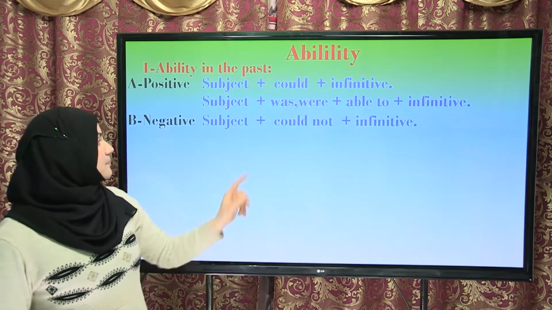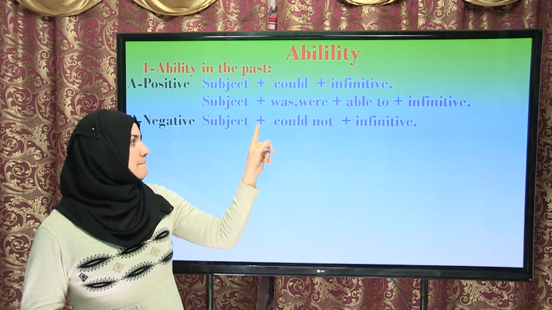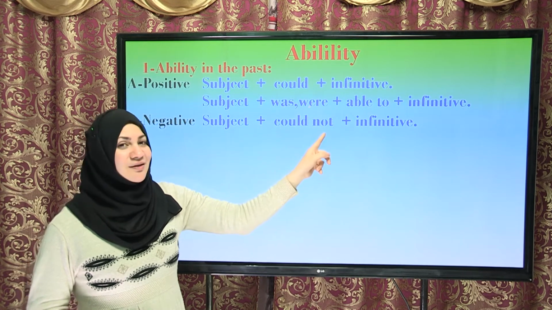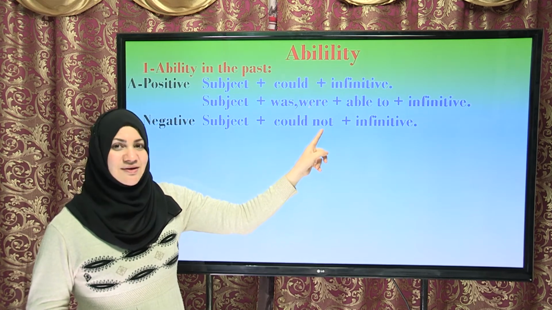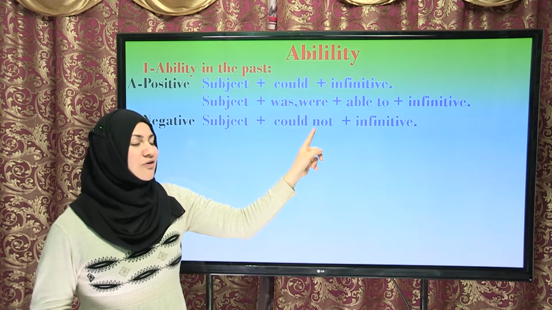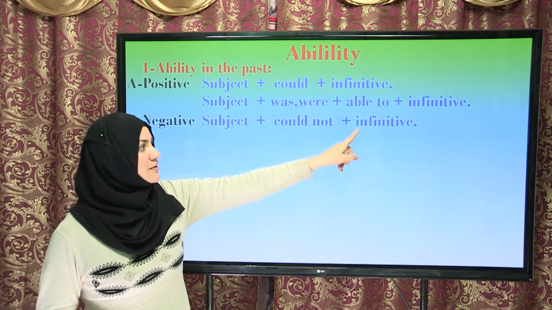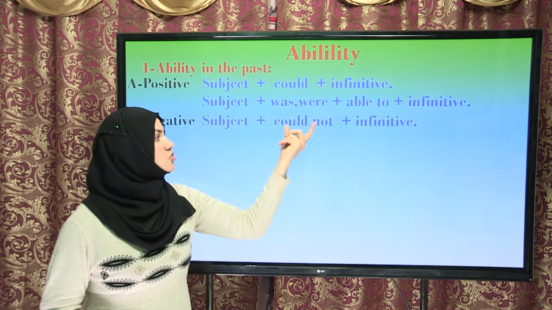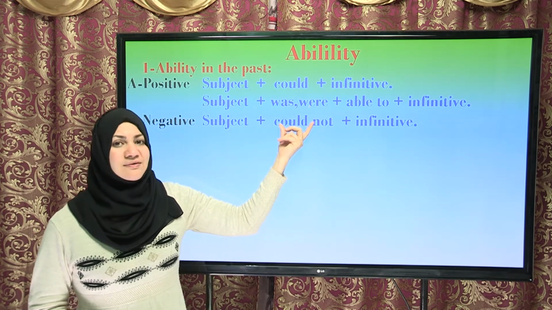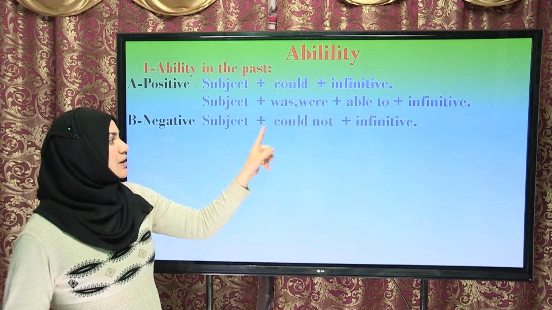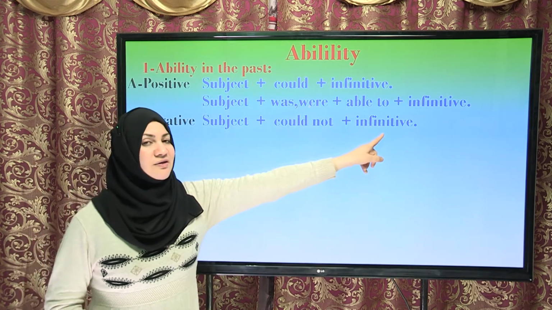Negative form: subject plus could not. This is the past of cannot: could not plus infinitive. The short form of could not is couldn't. Subject plus could not plus infinitive.